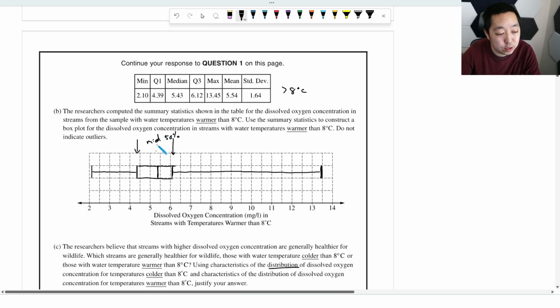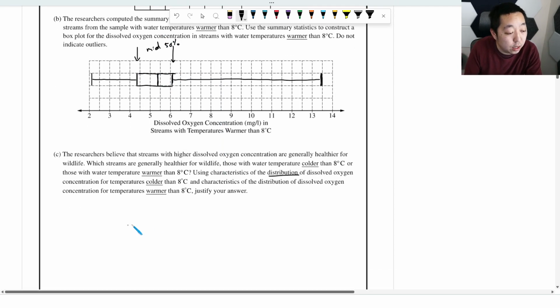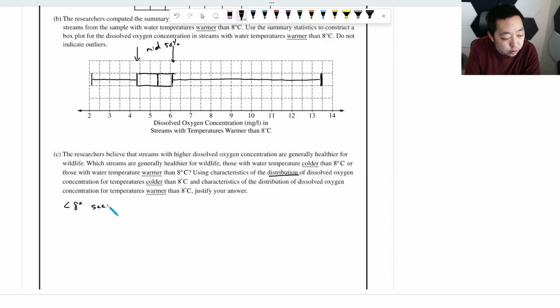There's probably a lot of ways you could have described the median. I like to do a range because it's generally better. But so I would say something like, first answer the question, less than 8 degrees seems better, healthier for wildlife.